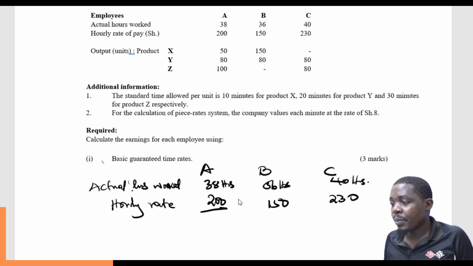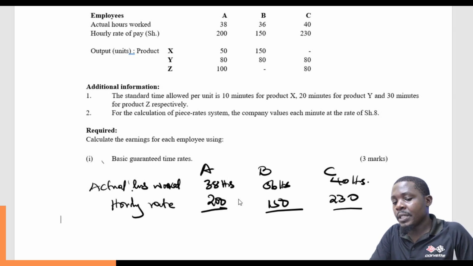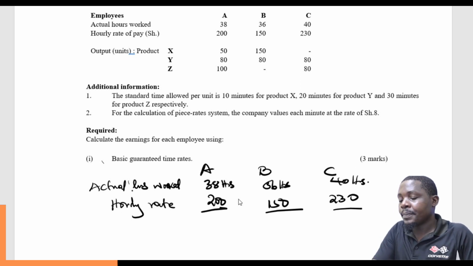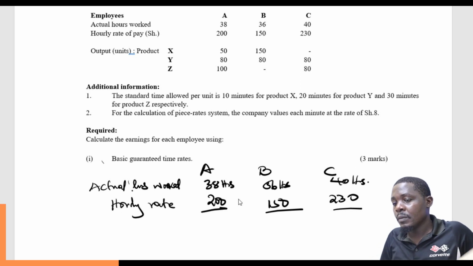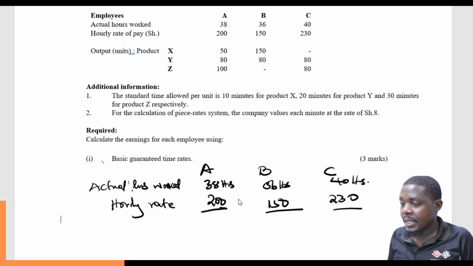Therefore, we can multiply with the figures of what each employee got. Let me use this calculator. We have 38 multiplied by 200. We have 7,600.